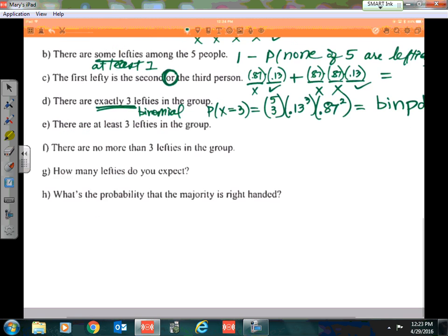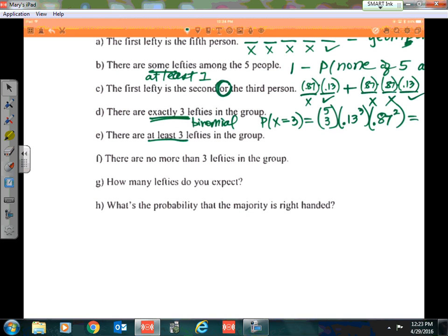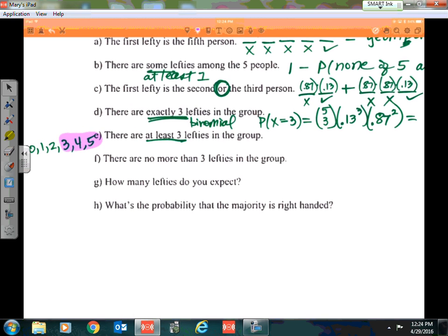All right, next. There are at least 3 lefties. Oh, so what does that mean if there are at least 3 lefties? So at least 3, I want 3, 4, and 5. My calculator will not give me 3, 4, and 5. It will only allow me to take off 0, 1, and 2. Okay?